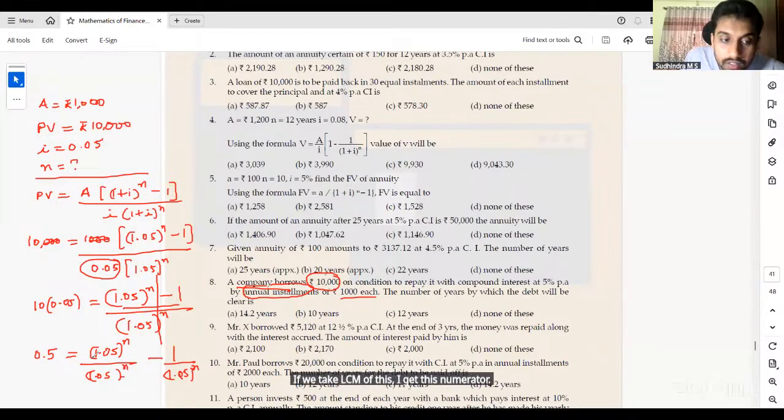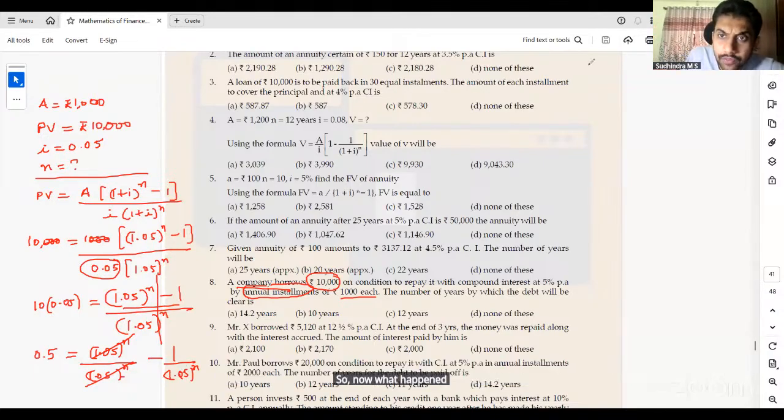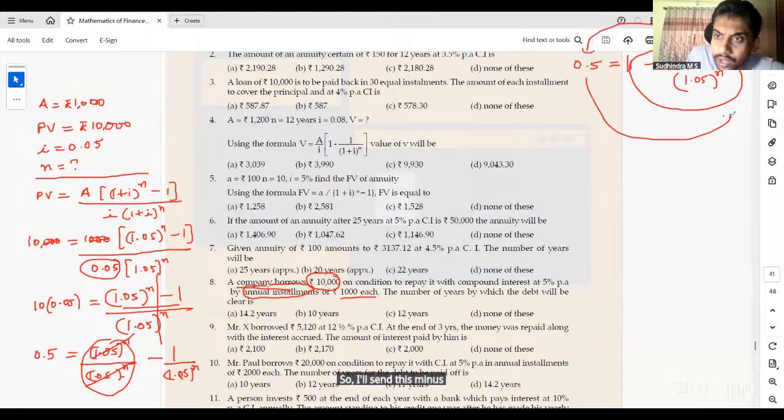Why did I do this? So that I can cancel these and have only 1.05 to the power n instead of 2. So 0.5 is equal to 1 minus 1 divided by 1.05 to the power n. I send this minus to the LHS and 0.5 to the RHS.